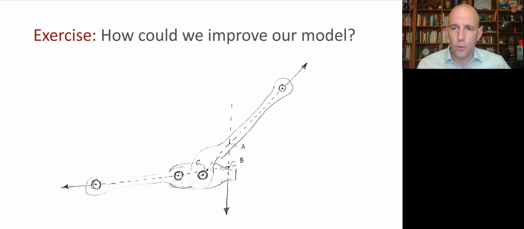Well, we'll see that this is a 3-force member, just like we saw in some of the free body diagram video examples. So if we take a moment balance about point A or B or C, in all 3 cases, 2 of the forces will go through that point, while the third will have a finite lever arm, and we won't be able to get moment balance. So that can't happen. How would we use this information to improve our design?